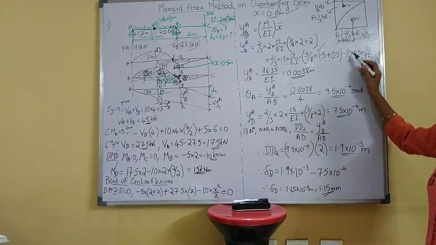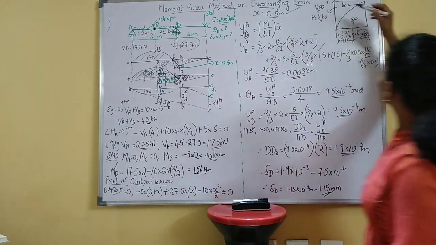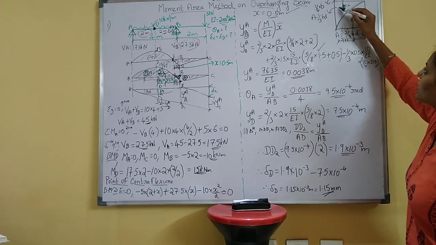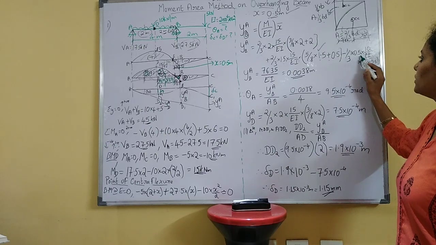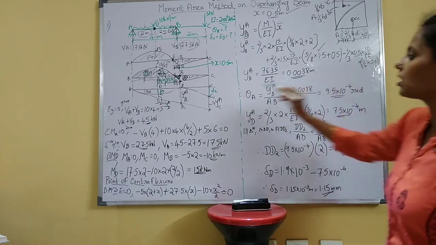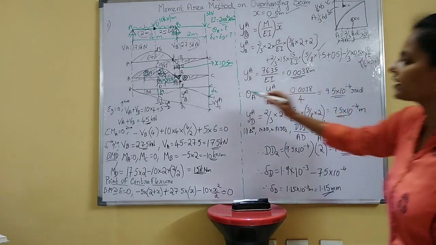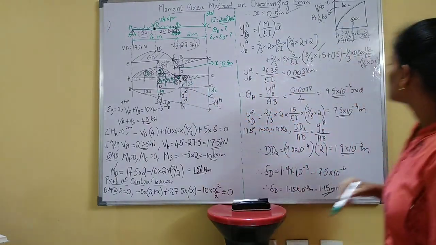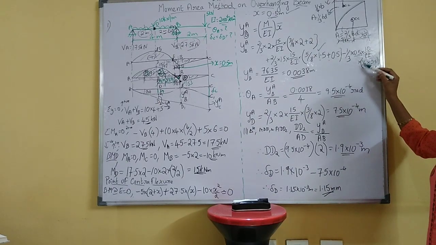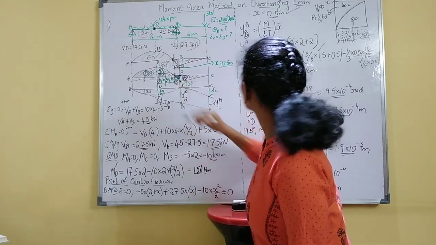Then last, the smaller part, it is a negative region. So it is minus 1/3 into, for this it will be this curve. The area over here is 1/3 times BD, so 1/3 into B into D. B is 0.5, into 10 by EI. This value is 10 by EI, so it is 10 by EI into the centroidal distance.